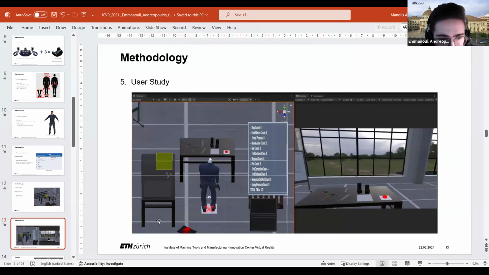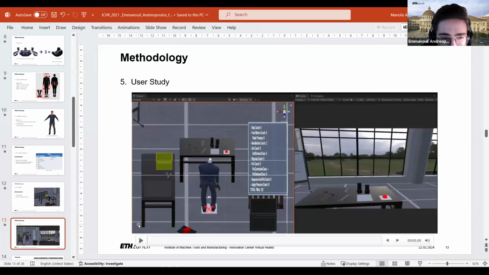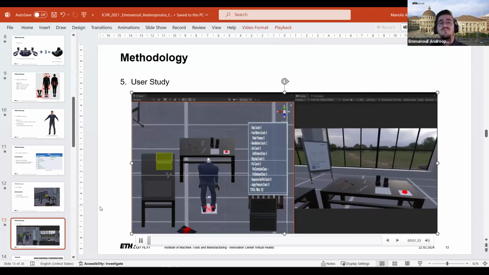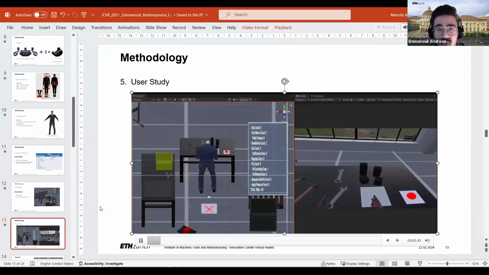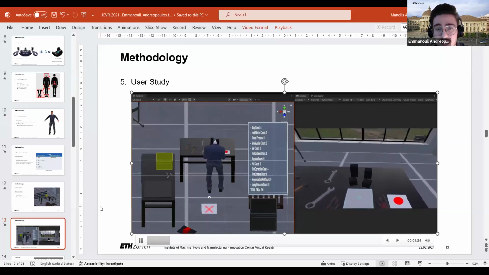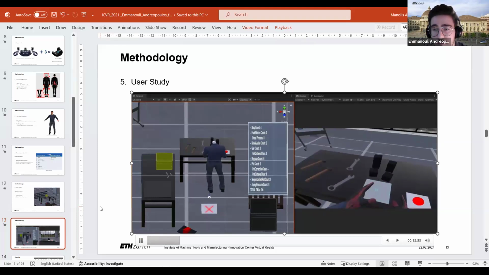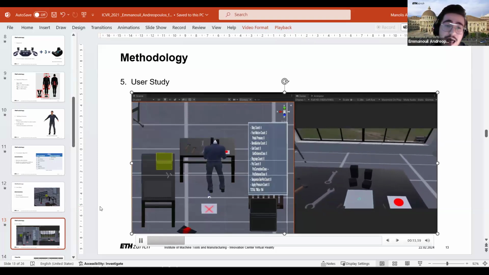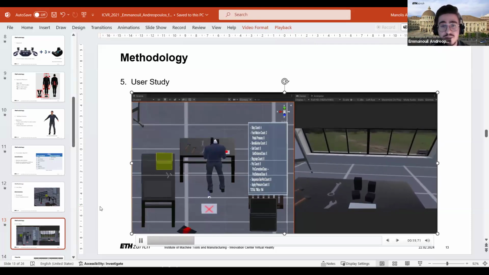As can be seen in this video, in this slide, which hopefully plays, you can see here that through the animation of the body using the virtual avatar, we can see what the user is doing in the virtual environment in real time without having to actually see the users themselves.